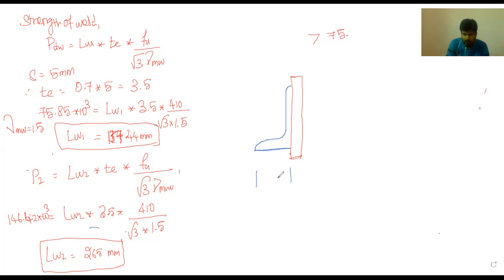So this is our flange portion of 50 mm and this is our web portion of 80 mm, and the center of gravity lies here, 27.3 mm.